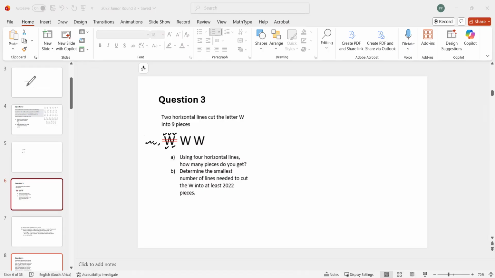Okay, now determine the smallest number of lines. No, wait a minute. The second one is using 4 horizontal lines. How many pieces do you get? This thing is too small.